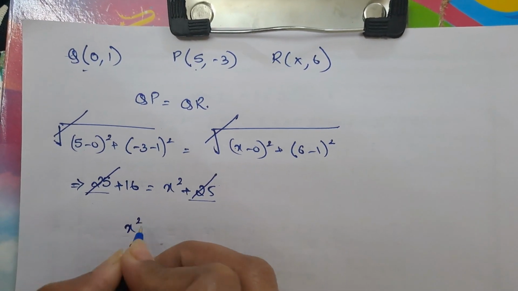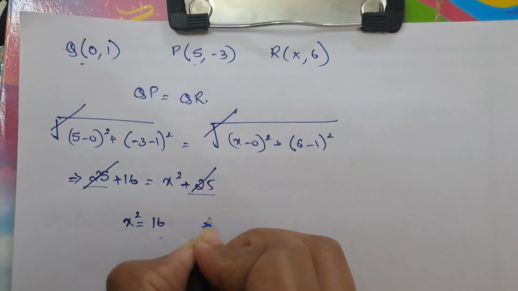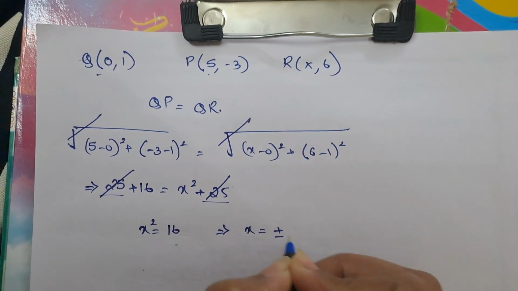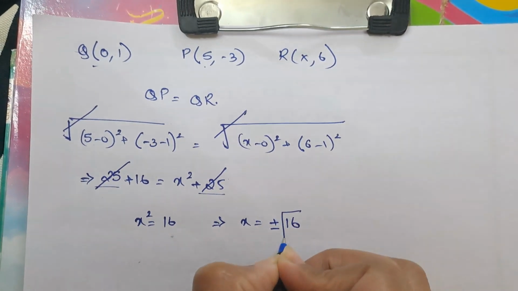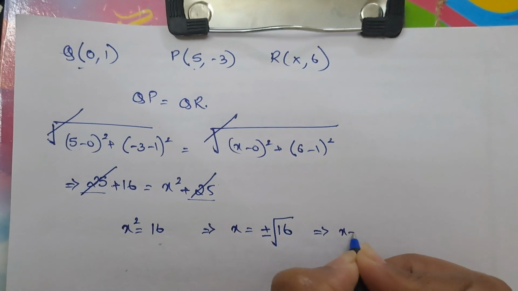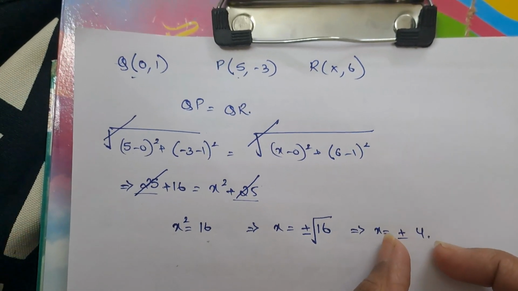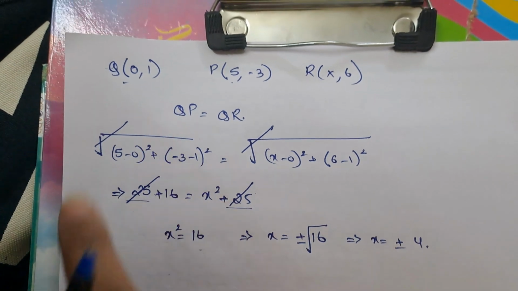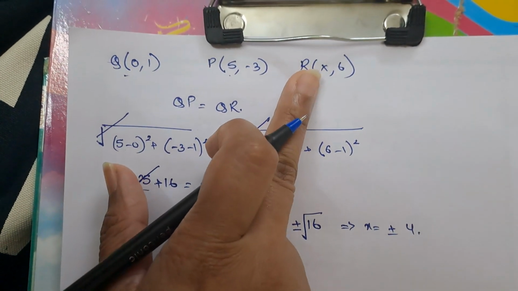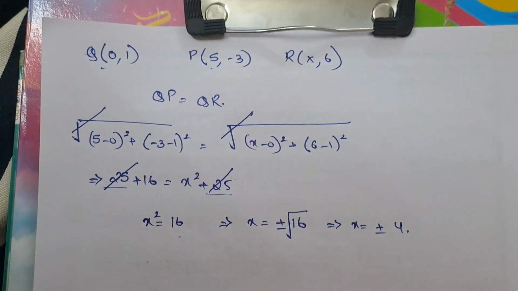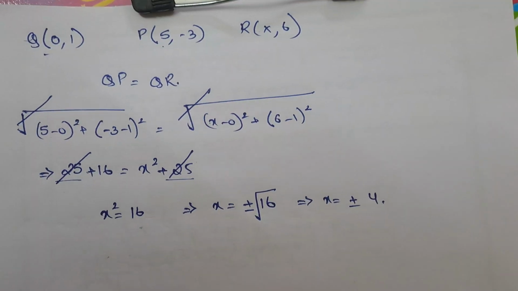I am left with x square is equal to 16 now. That implies x is equal to plus or minus root 16, which is x is equal to plus or minus 4. I will get two values, so the x values are going to be positive and negative in here. Okay, then we are good.